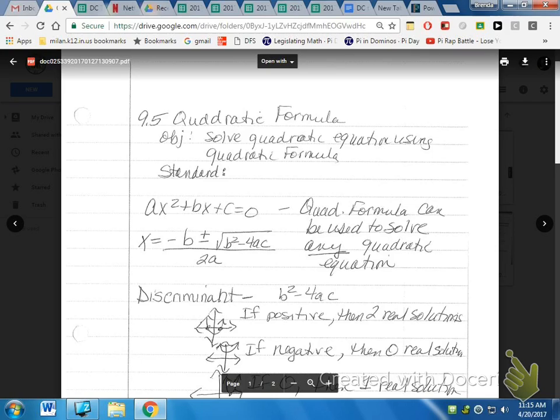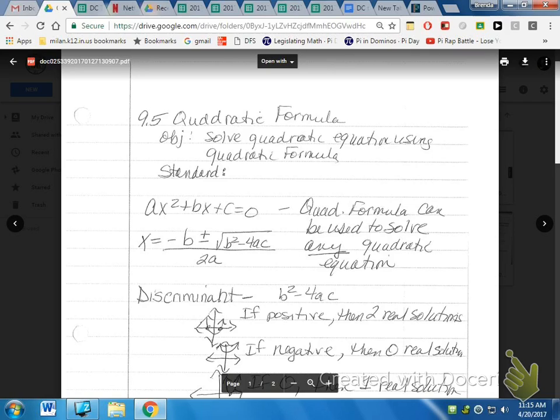That's the first way. We looked at graphing and how where the parabola crosses the x-axis would be a solution. We completed the square, and we also did perfect squares and square rooting to solve.